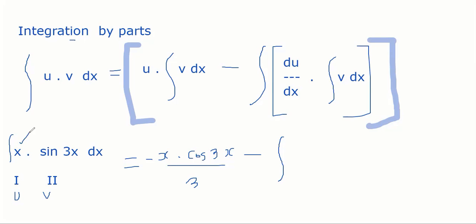Differentiation of the first function x is 1. Good. Into, again, integration of v dx, or integration of sine 3x, will be the same. So it will become minus cos 3x by 3. Agree?